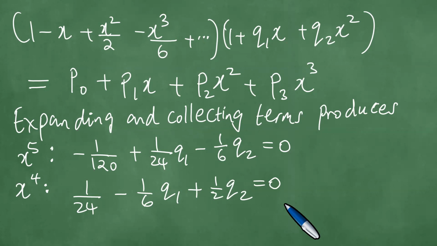And on the other side you have 1 out of 24, 1 out of 6, and then 1 out of 2, excuse me. Okay, equals naught.